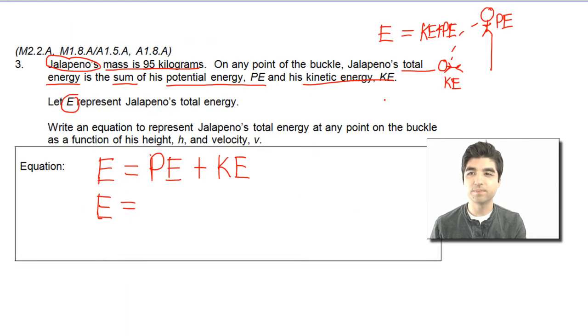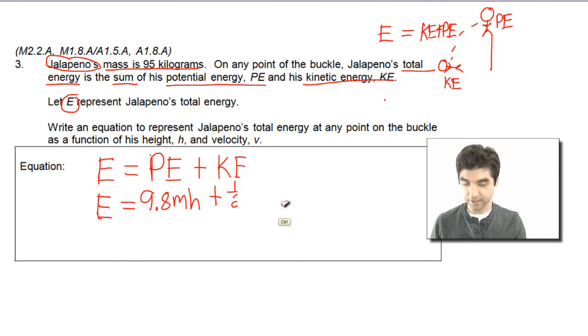So you can always go back to the first page of your book if you forget something. So potential energy equals 9.8 mass times height plus kinetic energy, which equals 1/2 mass times, I'm sorry, mass times velocity squared.